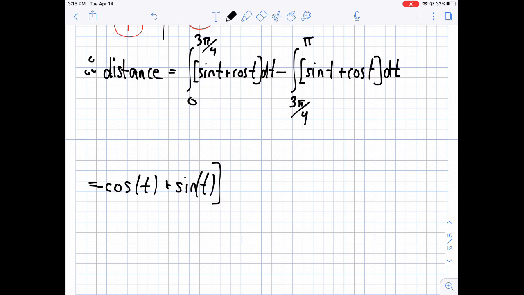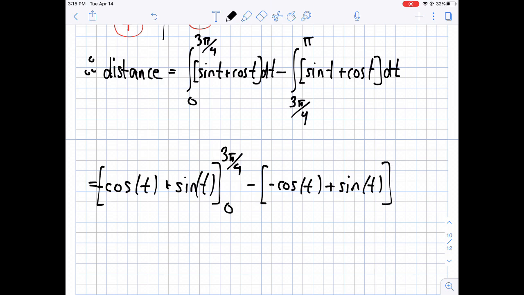And we're going to evaluate all of that from 0 to 3 pi over 4. We have the same antiderivative for the second one, except it's going to be subtracted, so it's negative cos of t plus sine of t, and that's going to be from 3 pi over 4 to pi.